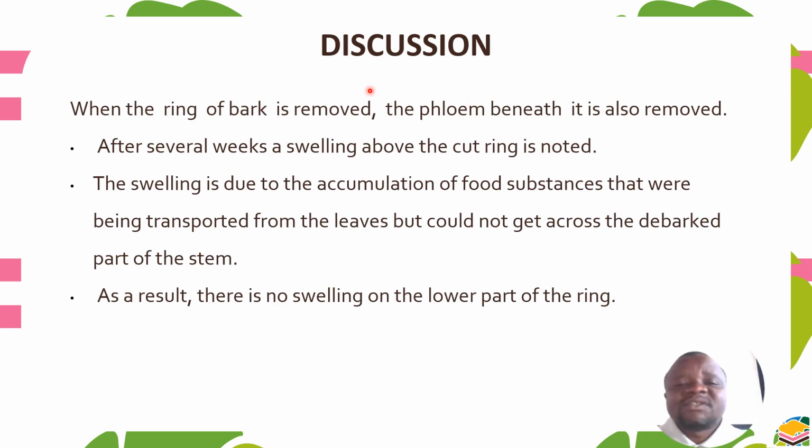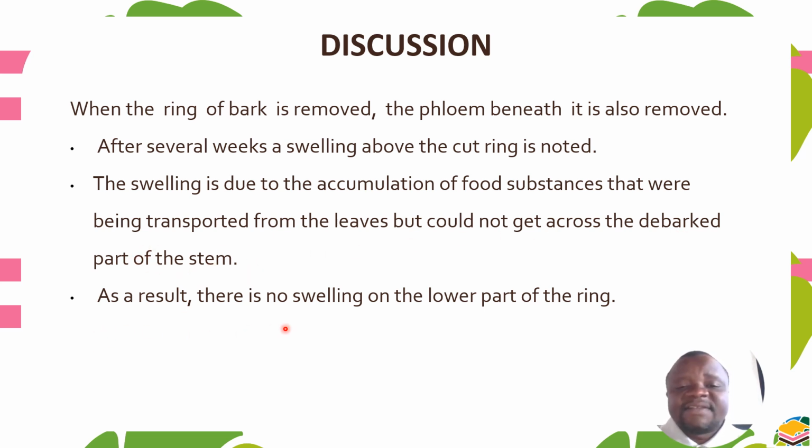Now the discussions, what could be the possible results? When the ring of the bark is removed, the phloem beneath it is also removed. Now after several weeks, a swelling above the cut ring is noted. So therefore, the swelling is due to the accumulation of food substances that were being transported from the leaves but could not get across the debarked part of the stem.